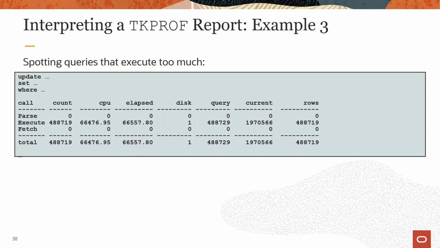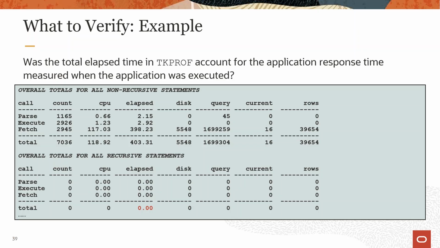Now it might be, and it's with a big certitude that you can say, that the update is part of a loop where individual values are passed and 1 row is updated per value. This is a structure that does not scale with a large number of values, meaning that it can become inefficient. One potential solution is to try to batch up the update so that multiple rows are updated within the same execution.